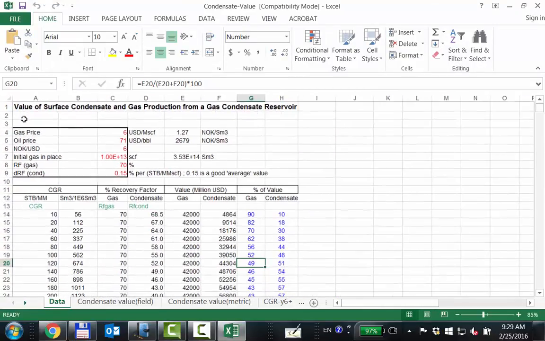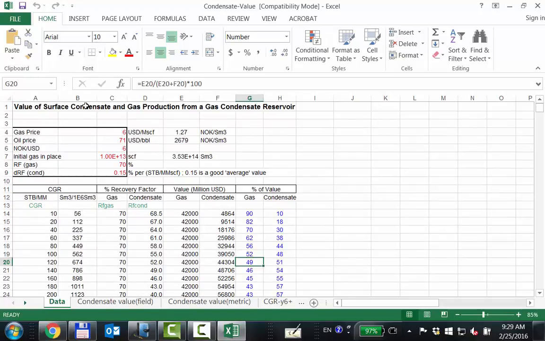So this basically gives the value of surface condensate and gas production from a gas condensate reservoir. You put in a gas price, an oil price. You can see the last time I used this, it was low compared to 2 years ago, and it's high compared to today, so we have to put in something like $33 maybe, 32, something like that.